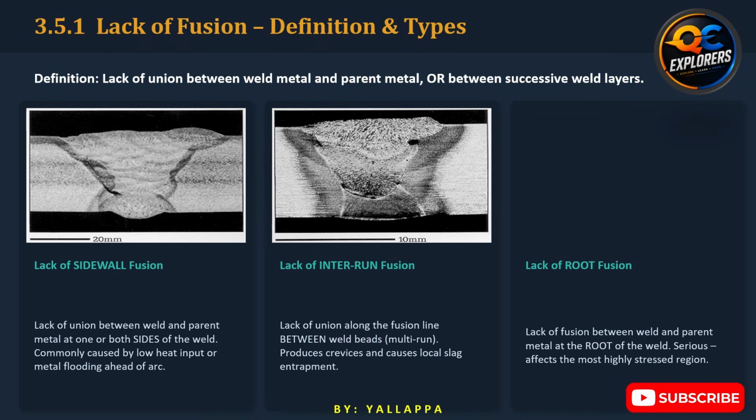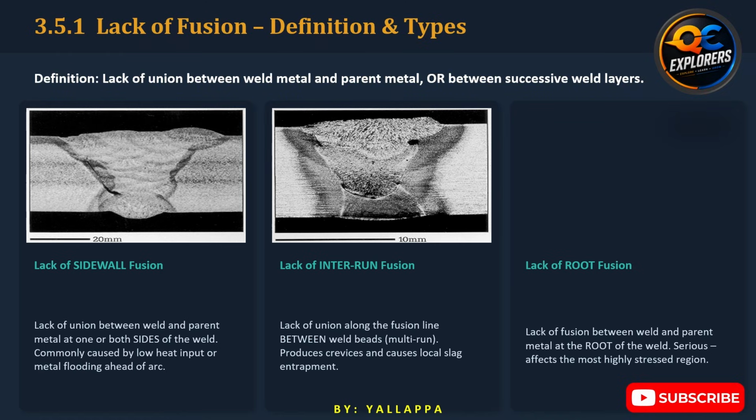The significance comes from the geometry. Lack of fusion is essentially planar, which means that it may have a very small opening but still represent a significant discontinuity. It does not provide the same continuous load-bearing section as properly fused weld metal. It may also be difficult to identify by surface inspection if it is located internally.